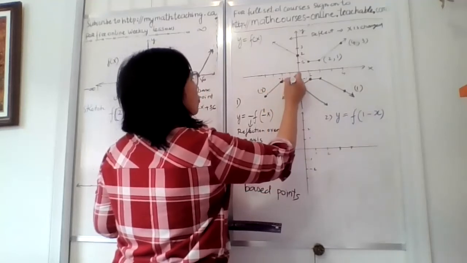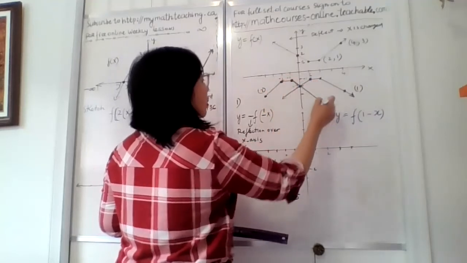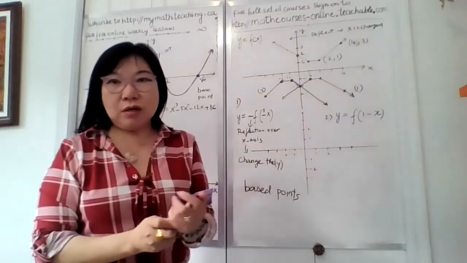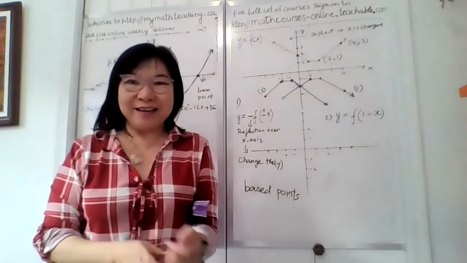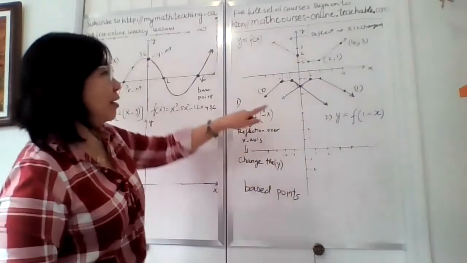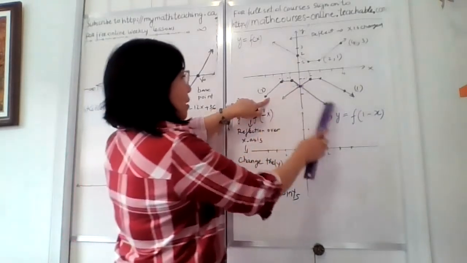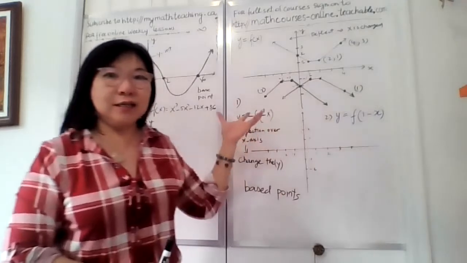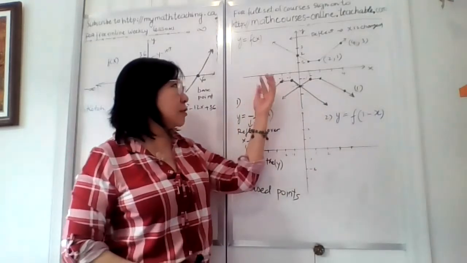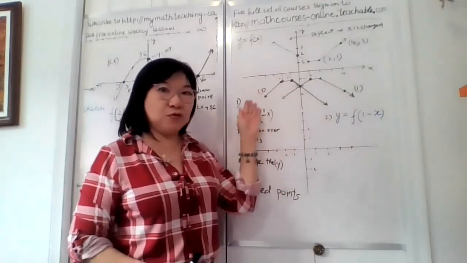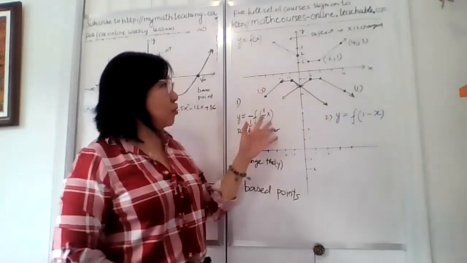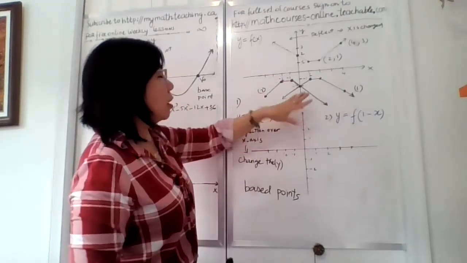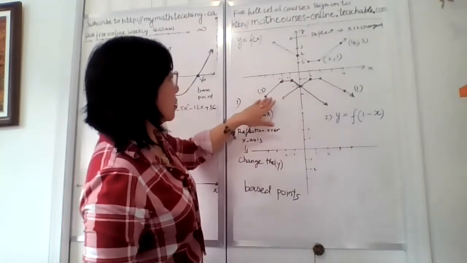Now I like to use a different color, but I think it won't work from the Zoom recording, so I cannot make this colorful. If I were good at technology, I could change this into red for you to see. But you got what I mean, right? So this is the first reflection, and this is the second.